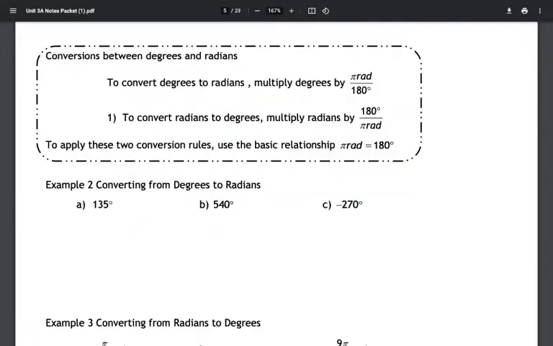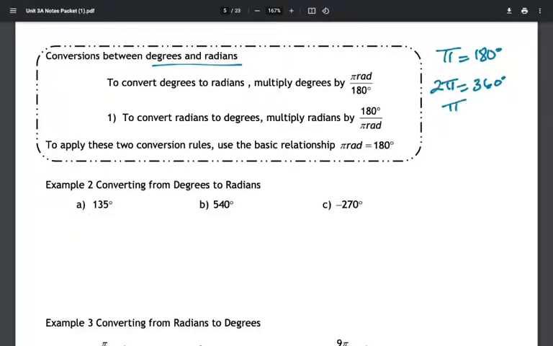All right. Now we're going to convert between degrees and radians. And like I said a while ago, pi is the same thing as 180 degrees. 2 pi is the same thing as 360 degrees.